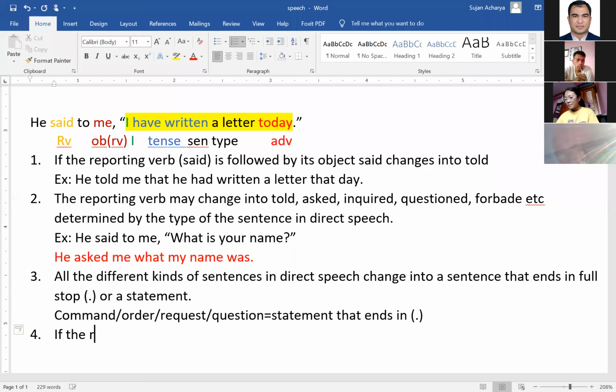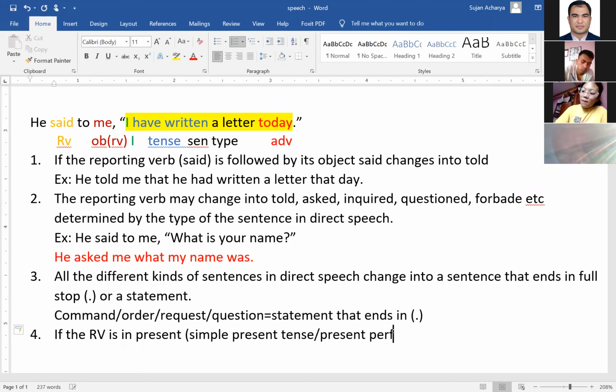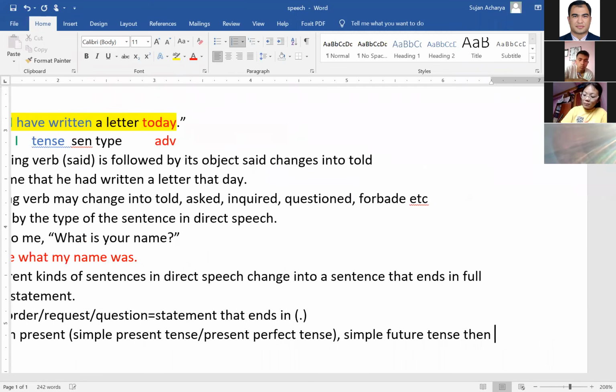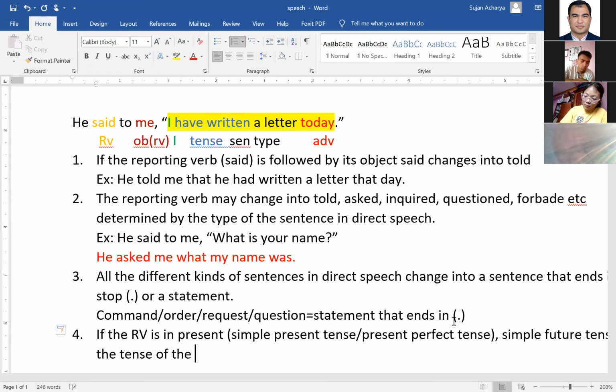If the reporting verb is in the present tense, especially simple present tense, or present perfect tense, or if it is in simple future tense, then the tense of the direct speech, direct speech meaning the sentence within inverted commas, remains as it is.